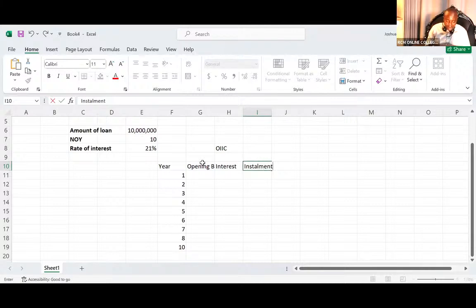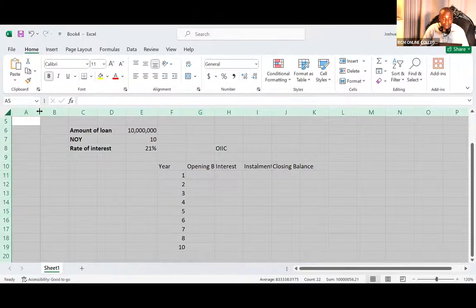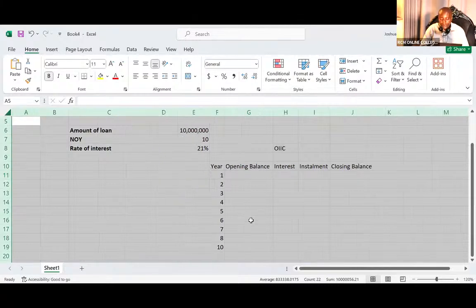And then lastly, we have closing balance. Like that. So let me know whether you guys have been able to write here opening balance, interest, installment, closing balance. Are we really together? Make yourselves as big as possible. Are we really together? So you can see the OEIC.